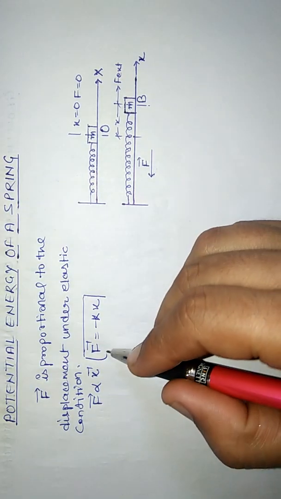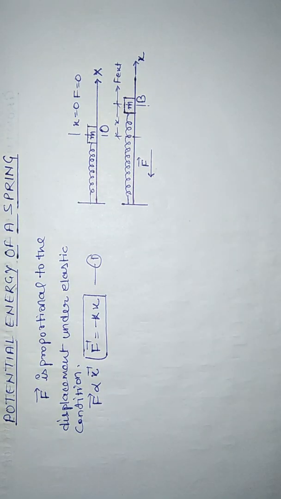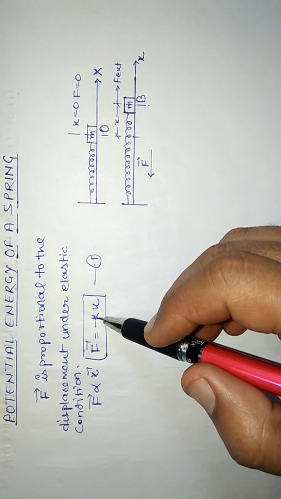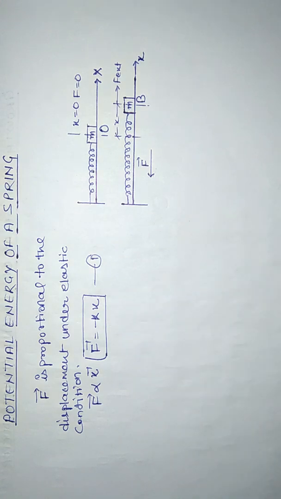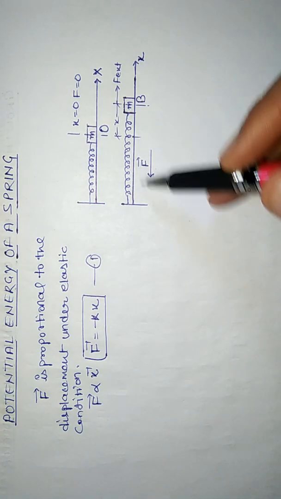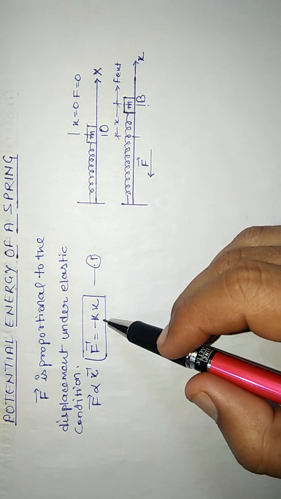Here k is a constant which is known as force constant. The negative sign indicates that the restoring force is directed towards the equilibrium position.